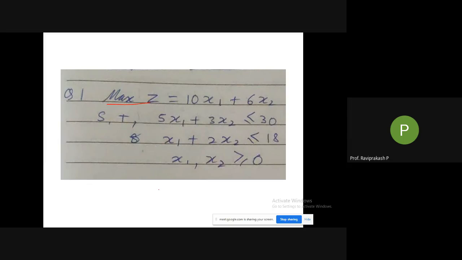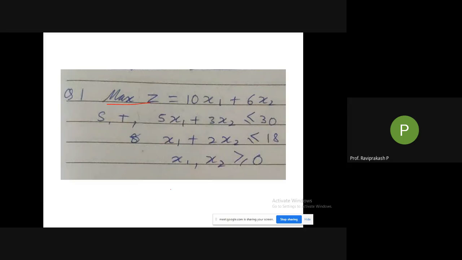Second constraint, x1 plus 2x2 less than or equal to 18. Then the non-negative condition, x1 comma x2 greater than or equal to 0. That is the first sum.